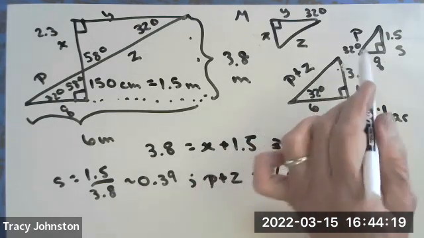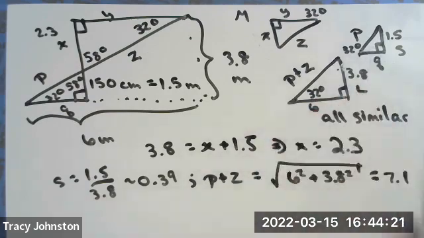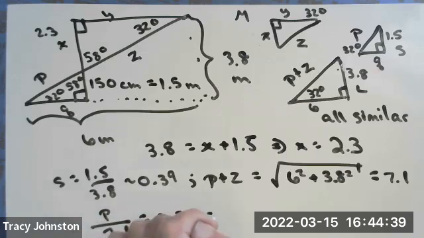And I want to compare it to the hypotenuse of the small triangle, because I know that the hypotenuse of the small triangle is in relationship to the hypotenuse of the big triangle. That has to be 0.39. So that tells me that P is 2.8.